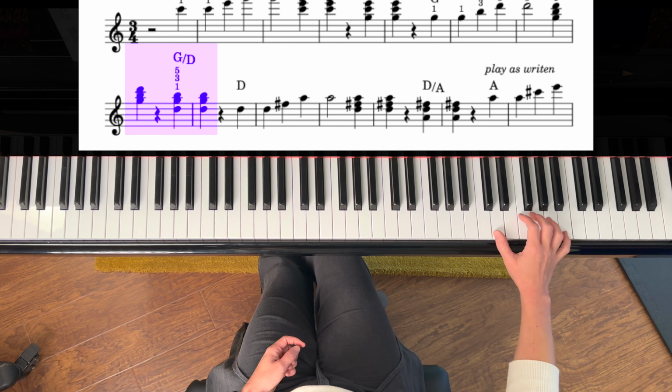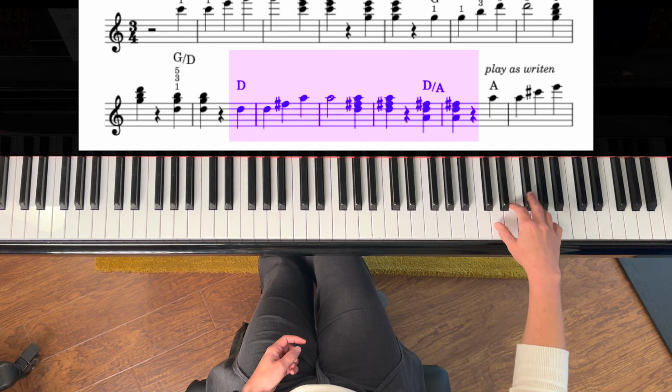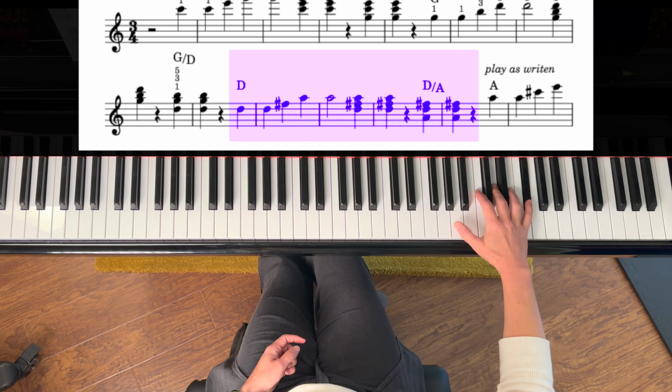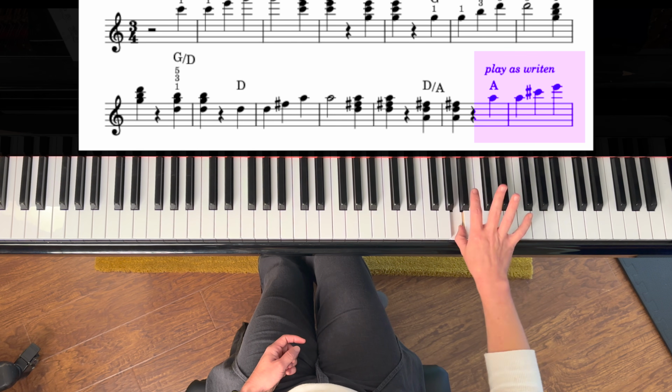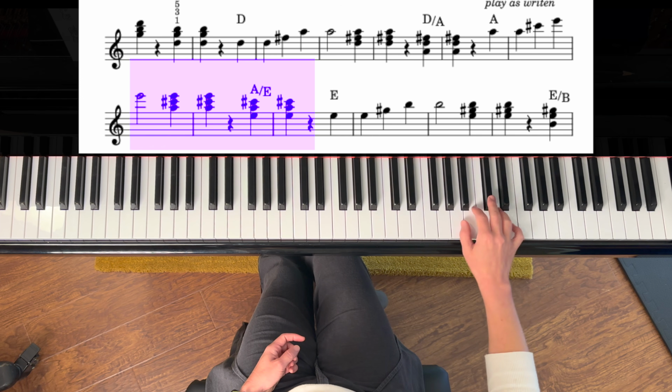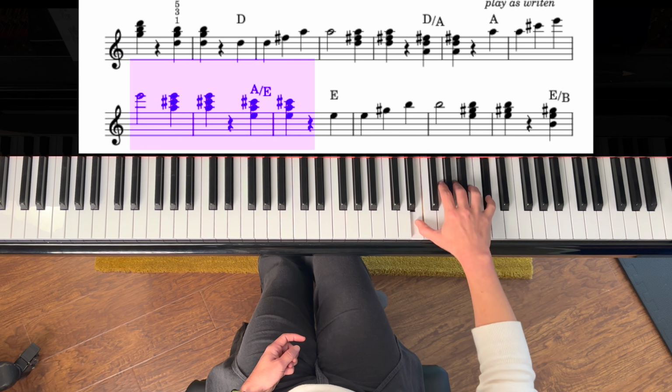This is my pivot note on the bottom, so now I'm going to play a D major chord. Move down to second inversion. Pivot note, A major chord. Second inversion.